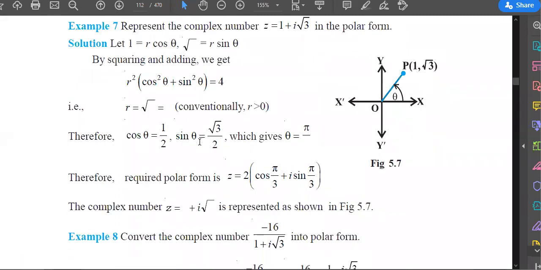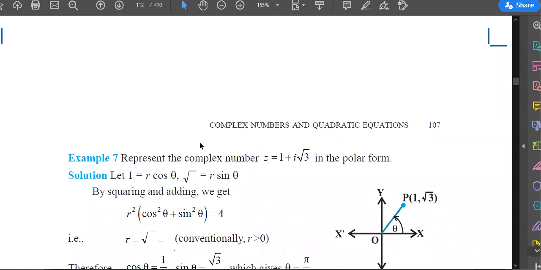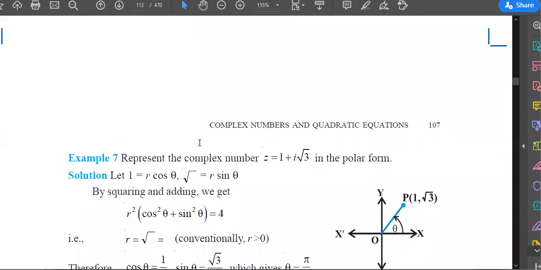Try to solve question number 7 first. Let's see question number 7. So I'm having z is equal to 1 plus i root 3. What is the first step? Tell me.